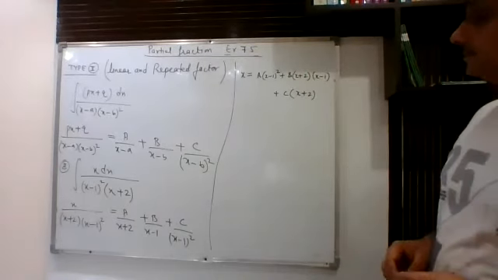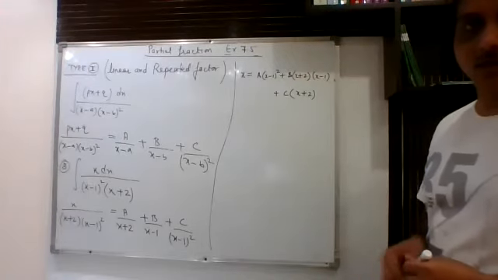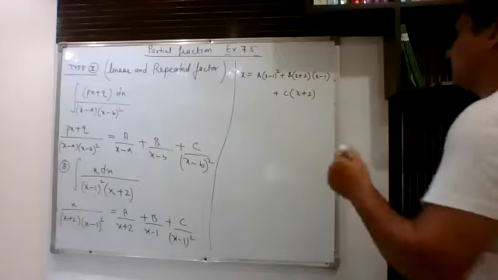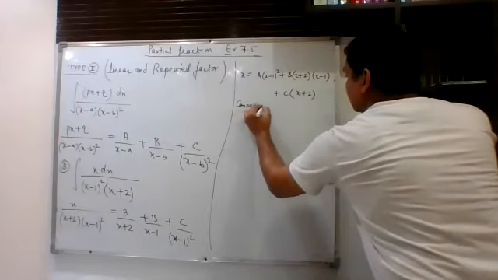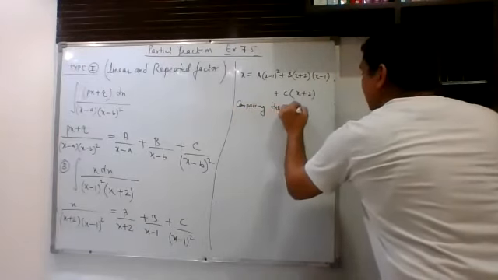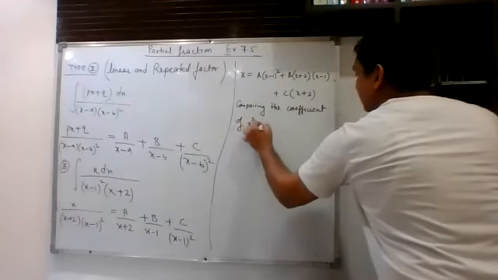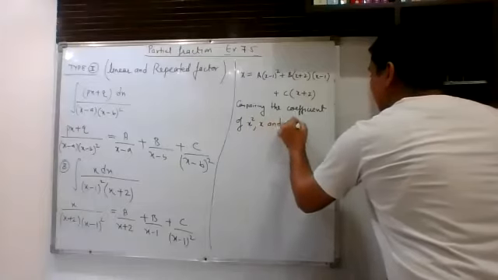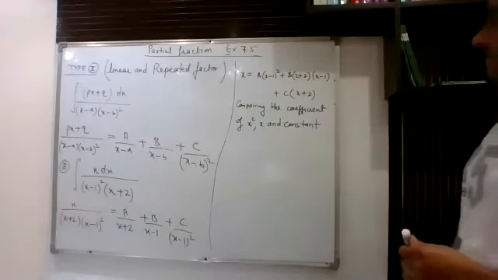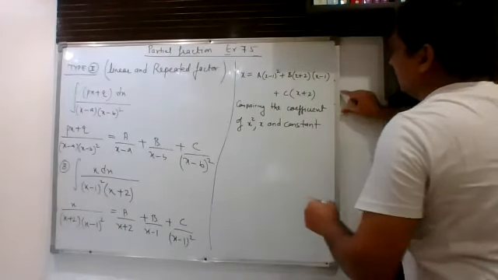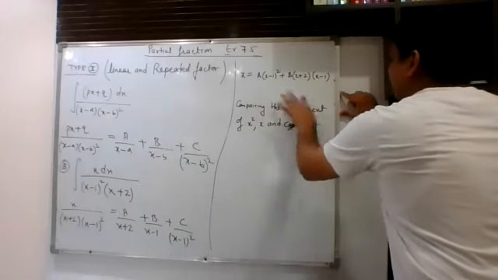Now you will get those three equations. So you will say comparing the coefficient of x square, x and constant. When you compare the coefficients, if you want, you can write down one of those.